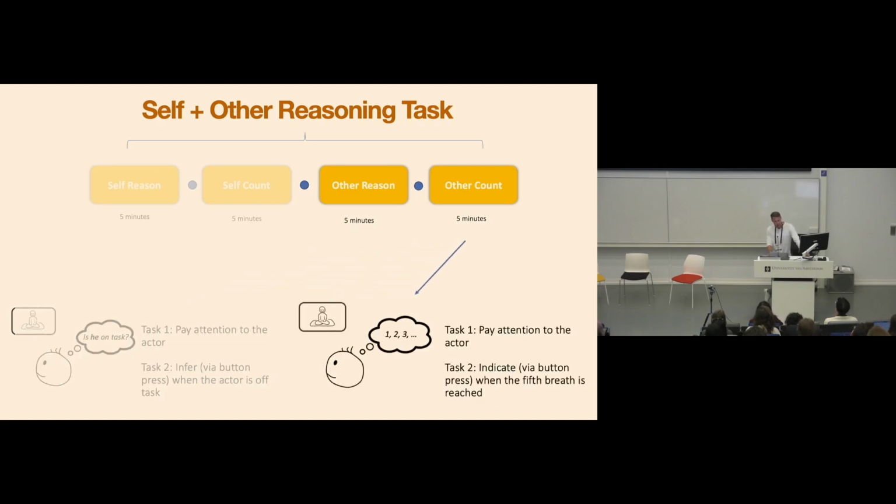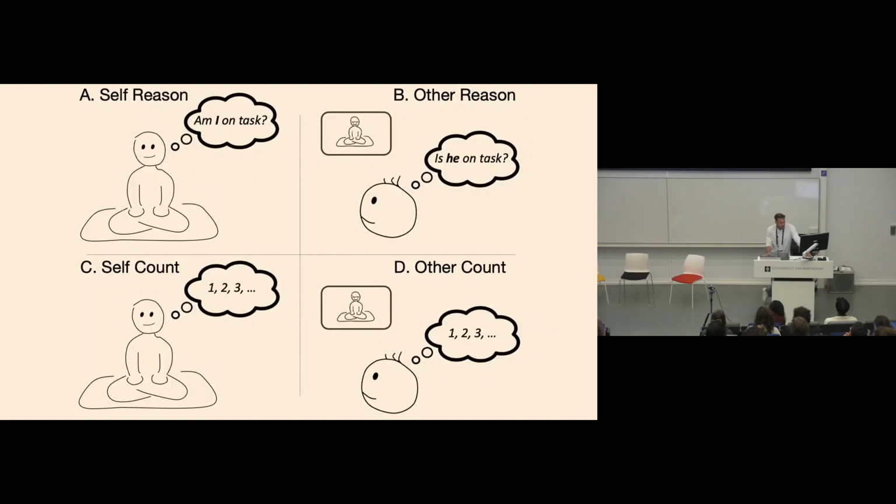And in the counting condition, we had participants again watch the same video, only this time indicate every time the actor on screen reached their 5th breath. And once the 5th breath was reached, they'd indicate again via button press and then restart the count at 0. So we had this fun little 2x2 experimental design, 2 conditions involving reasoning, 1 for self, 1 for other, and then 2 control conditions, 1 for self, 1 for other, that involved counting.